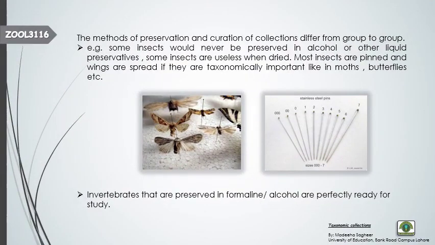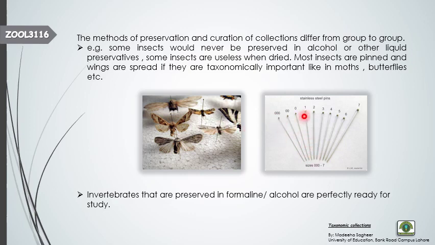Okay, the methods of preservation and curation differ from group to group. We never preserve insects in 100% alcohol. Alcohol volume should be very low because it makes the insects dry, and the dried specimens wouldn't be of use. They will be worthless. Some insects are pinned and wings are spread if they are taxonomically important. Here I have given you the picture.